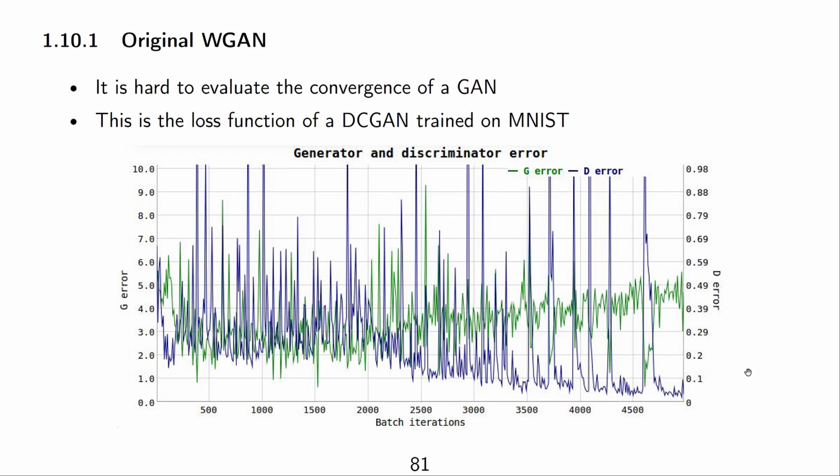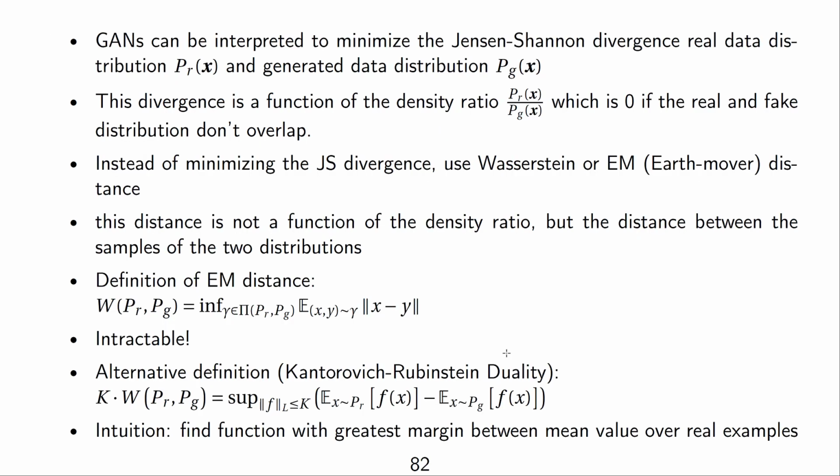Let's look at this visualization down here. It's the plot of the loss functions of a DCGAN trained on the MNIST dataset. The green curve shows the generator error, and the blue curve shows the discriminator error, or loss. These curves look quite crazy, and note that there can be significant spikes as well.